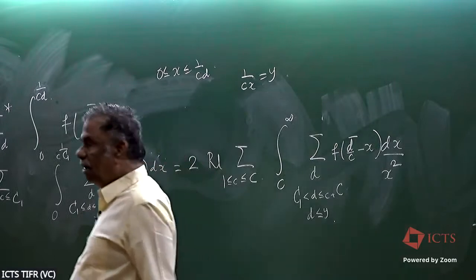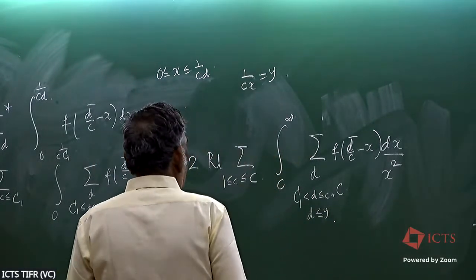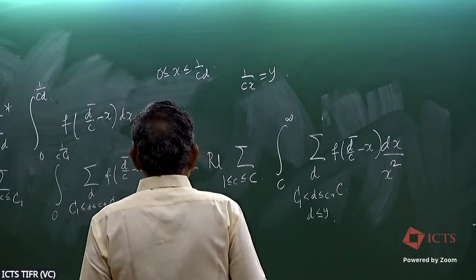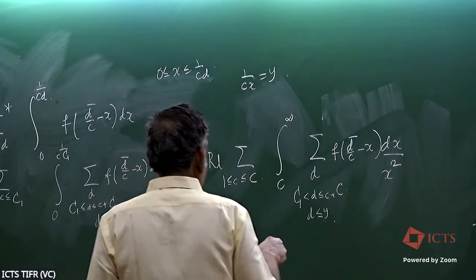And there will be C, where C is 1 over d. Therefore dx will be equal to 1 over C dy by y square.